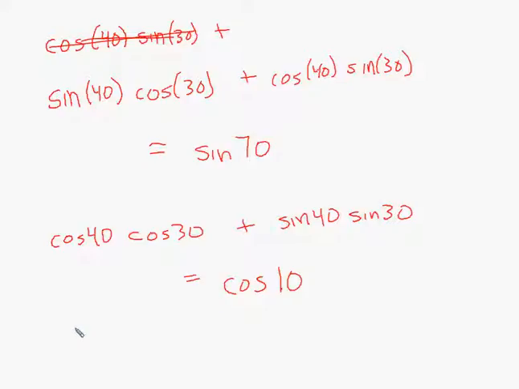Okay? What if I had sine 15 cosine 20 minus cosine 15 sine 20? What's that going to equal? Well, yeah, 35.